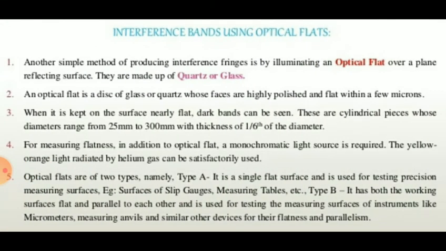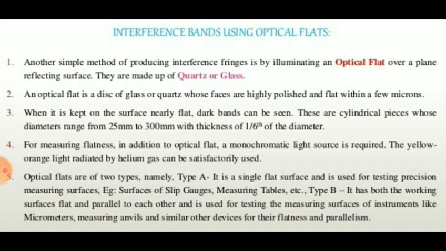Now we will see what is an optical flat that is used for measurement of flatness. The simplest application of interference is the use of an optical flat. It provides precision as well as accuracy in the measurement of flatness. Optical flats are cylindrical pieces 25 to 300 mm in diameter with two plane faces, flat and parallel, having thickness of about 1/6 of its diameter.